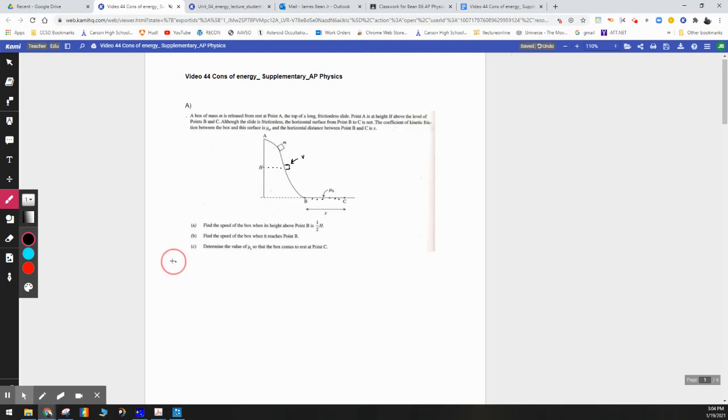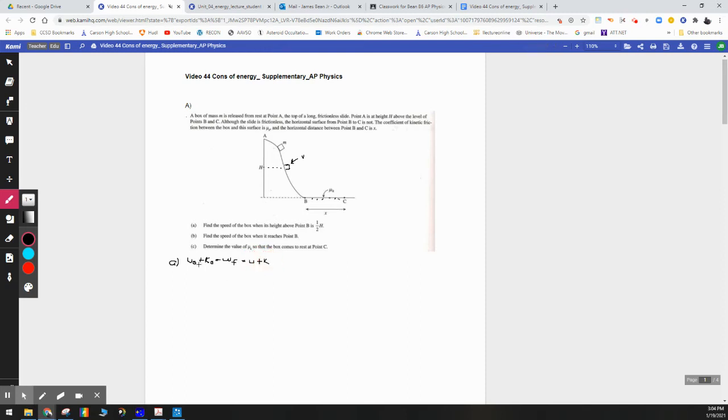All right, so we'll go ahead and do A here, and start off with the conservation of energy: initial potential energy plus the initial kinetic energy, minus any work done by friction, is equal to the final potential energy plus the final kinetic energy.